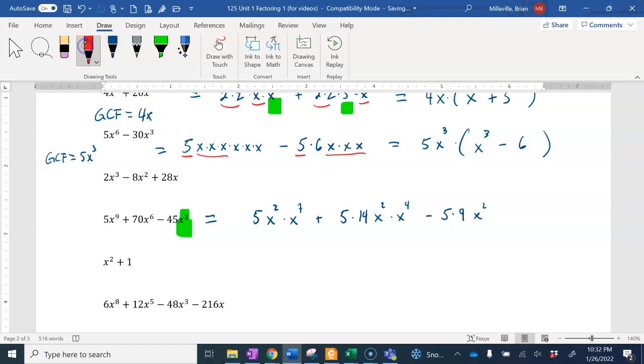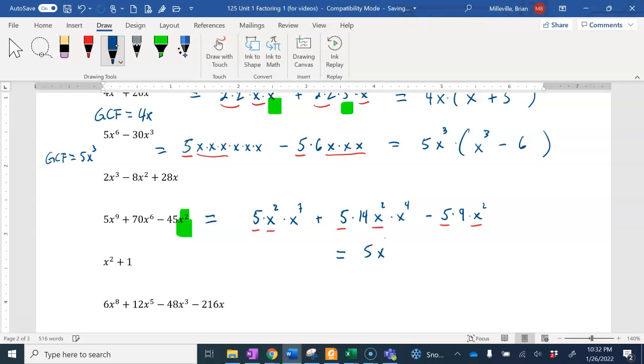So that one, instead of writing it out as a bunch of strings of x's, we can do a little quicker this way. And now let's notice our GCF is 5x squared. We have an x squared factor in each one of these terms, and we have a 5 factor in each one of these terms. So we can remove that.